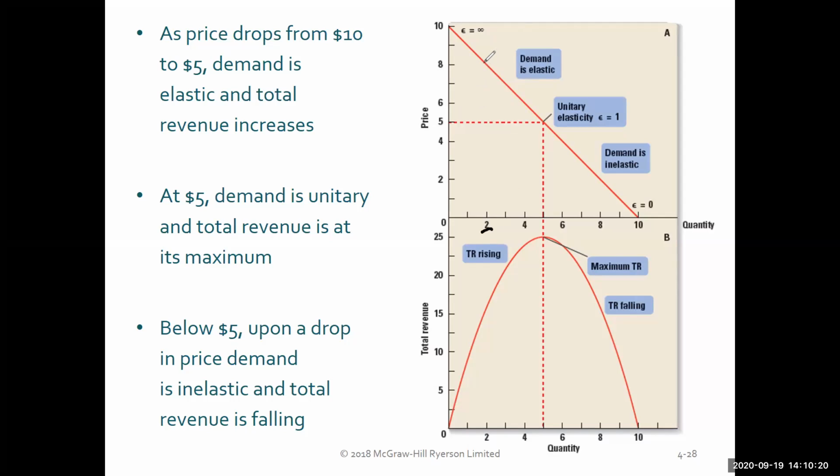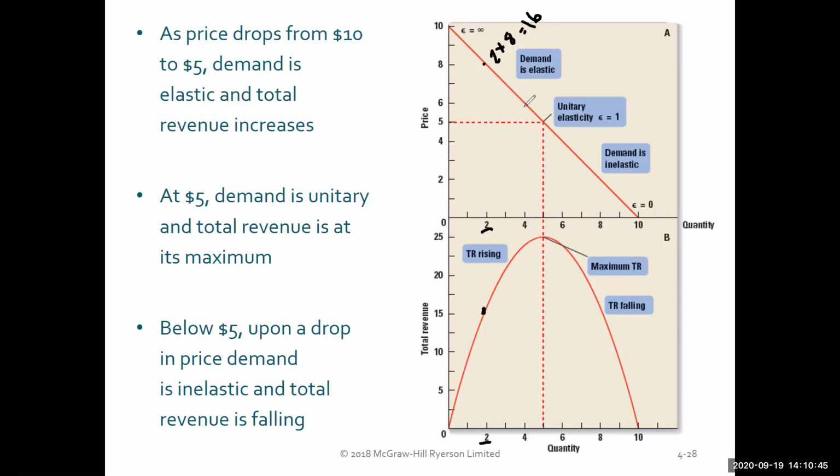We go up and the price is 8, so total revenue there is 2 times 8, which is 16. Let's plot that. We go down to 2 on the lower curve and go up to a point right around 16.